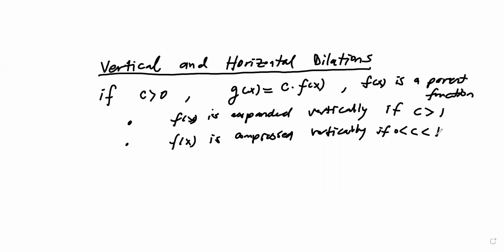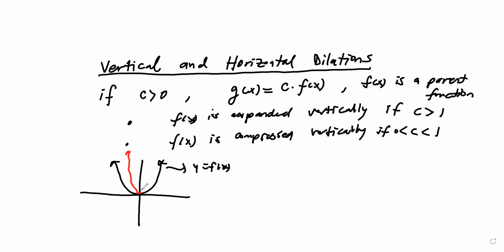So I can illustrate this like this. Let's say this is the parent function f of x, y equals f of x. If c is bigger than 1, then it will expand it vertically like this. So this red one is the graph of g, basically, when c is bigger than 1.